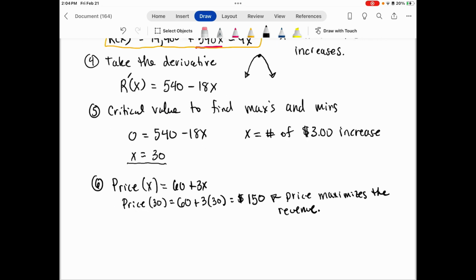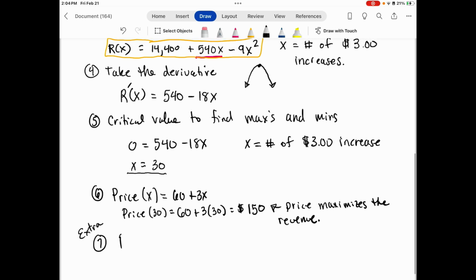Now, if I wanted to take it one step further and actually find the revenue, I would find the revenue equation. So we'll add this as an extra step. This is extra. It's not part of the problem, but it's good practice. If I go back up to the revenue, here's my revenue equation that we got before we took the derivative.